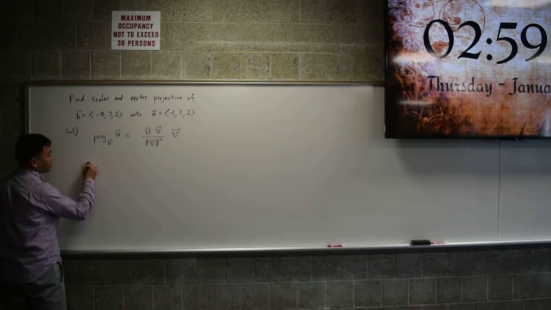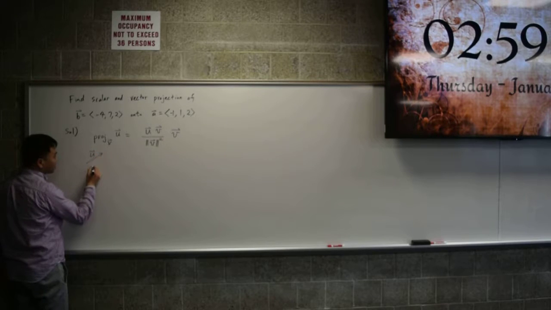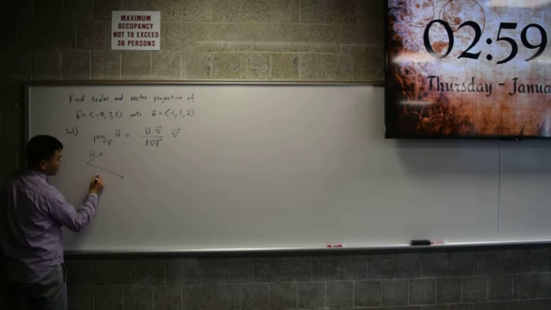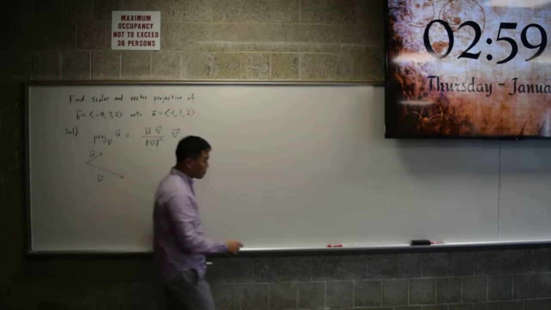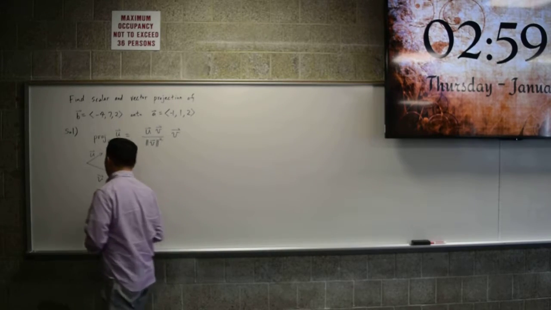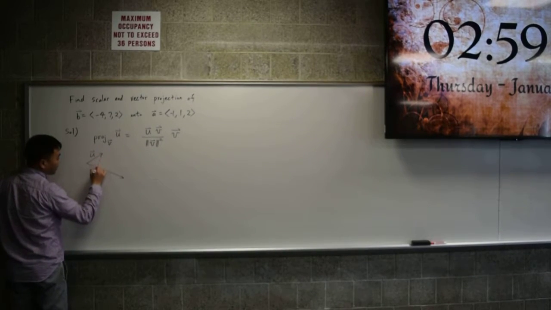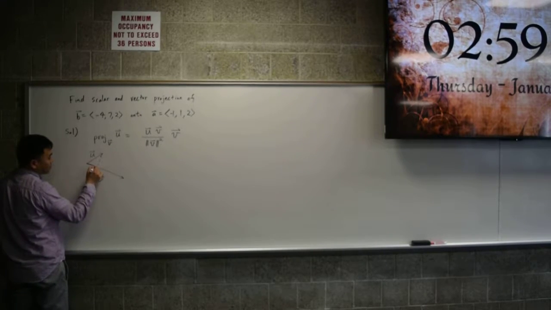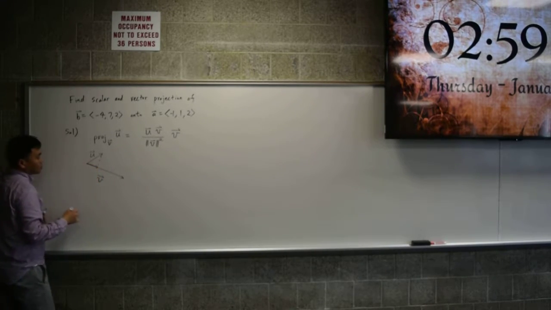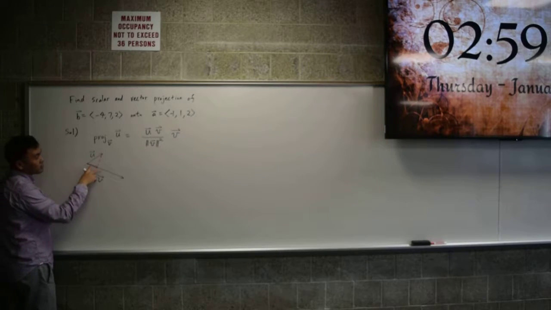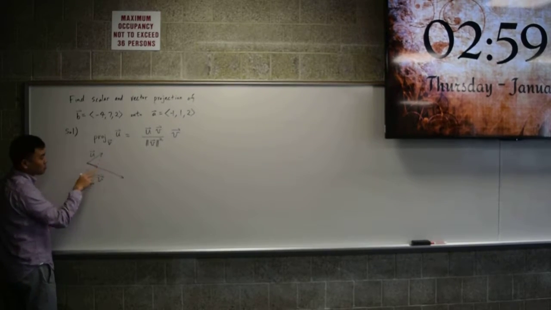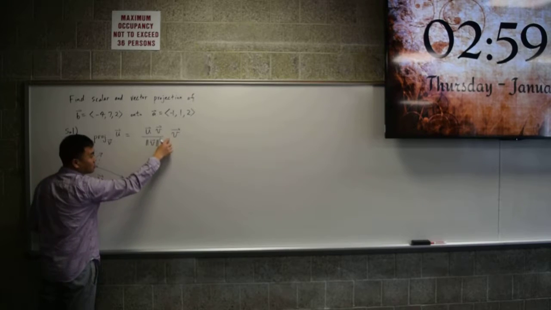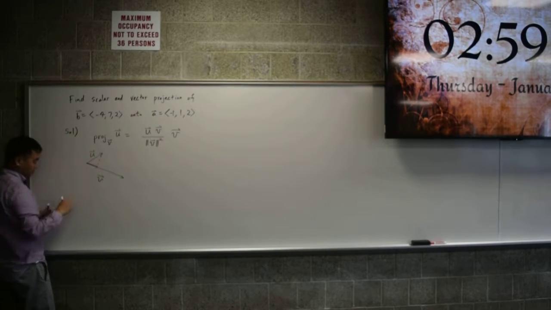Graphically, this is what's happening. You have u, and you have v, and you're aiming for first this length right here, and you want to make this as a vector. So the length itself is what I wrote a moment ago, and then multiplying by v over v gave you this.